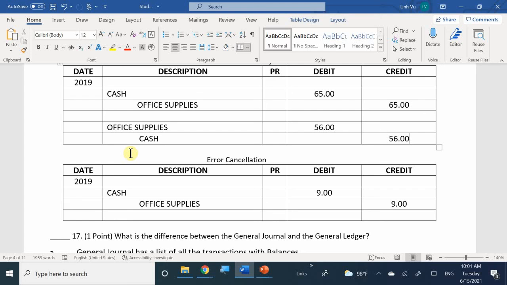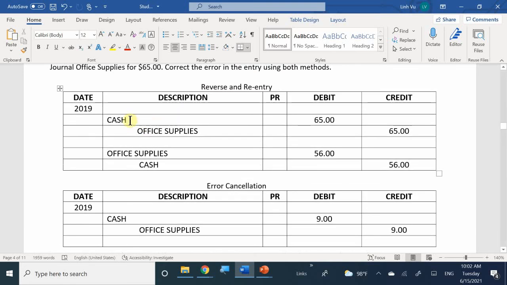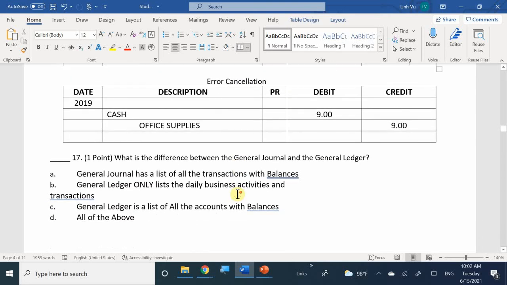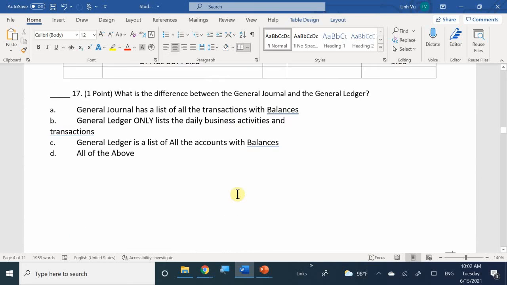So again, error cancellation is a tricky one, but if it makes it more comfortable for you, you only need to do one entry, and that is to find the difference between the two. But the best way to do it should be the reverse and the re-entry, because this one you could see the transaction. You're canceling the first transaction, and then you're re-entering it for the correct amount.